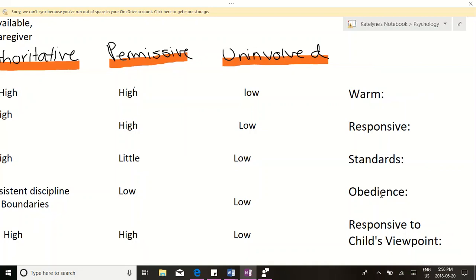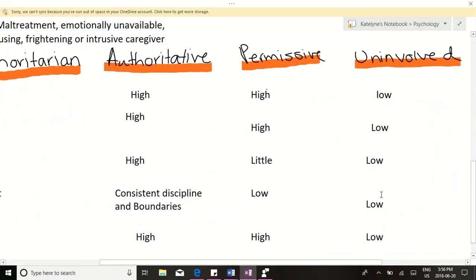They do not provide any standards, any boundaries. They do not even have any strict obedience or anything. And they're very uninvolved in listening to their child's viewpoint. So when it means uninvolved parenting, it is literally that. They are uninvolved with the child in every single way.